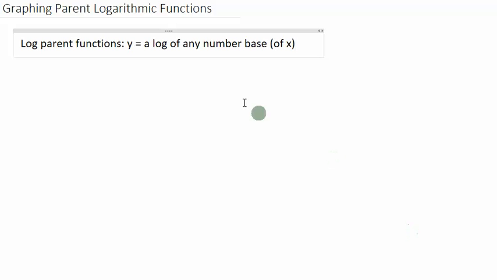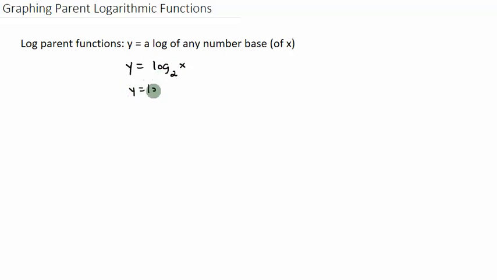Some examples might be y equals log base 2 of x, or y equals log base 3 of x, or y equals log base 1/4 of x, or y equals log of x, which of course is base 10, or y equals the natural log of x, which of course is base e.